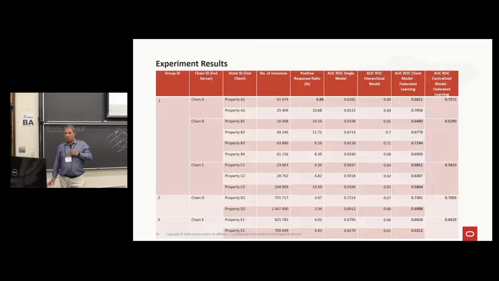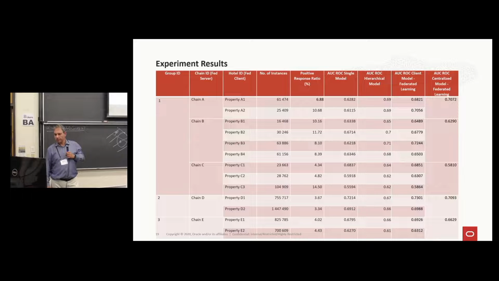Since the acceptance rate is very low, about maybe 5%, instead of accuracy or a score, we used the area under the curve, which is a more reasonable measure of model performance.